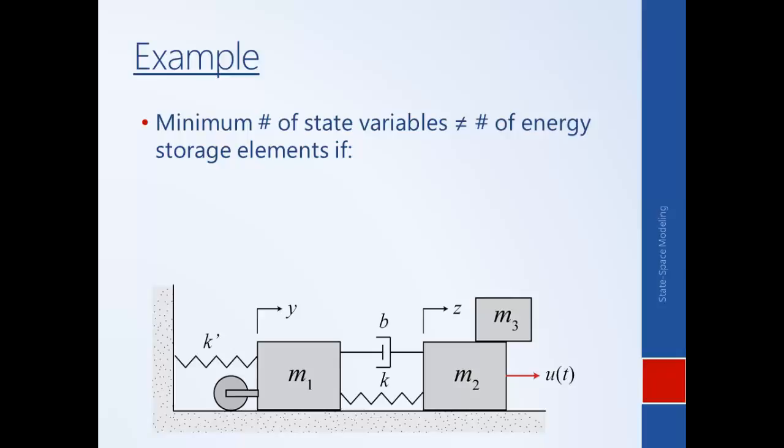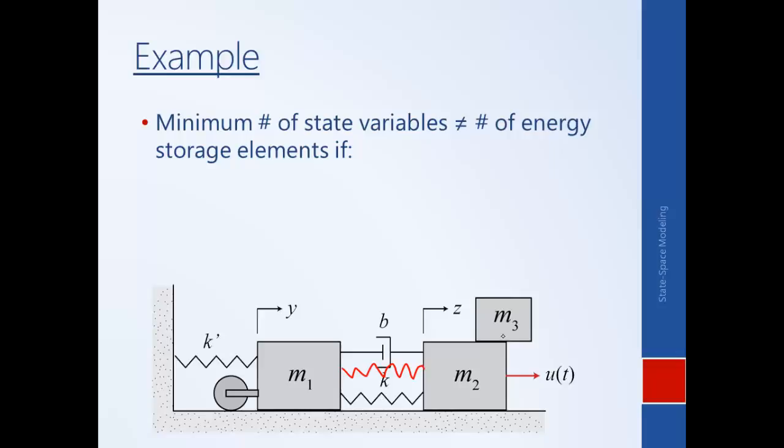So for example, this spring is an energy storage element, but if I had a second spring, I have 2 energy storage elements here, but the energy stored in each of them is both determined by the same state variable. So I don't need a separate state variable for each spring. I can use the same one because they're dependent on one another.